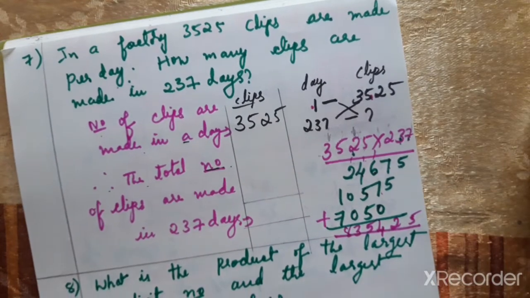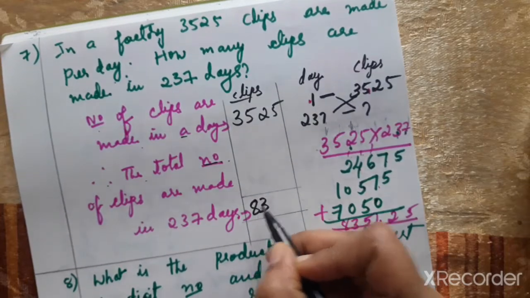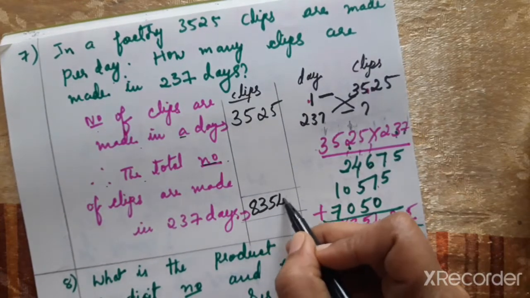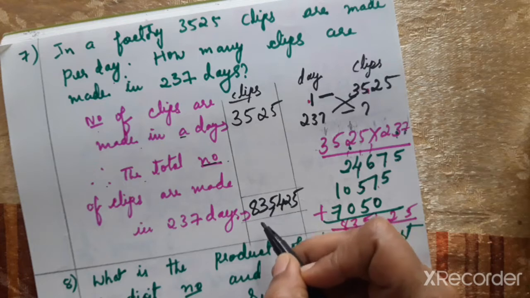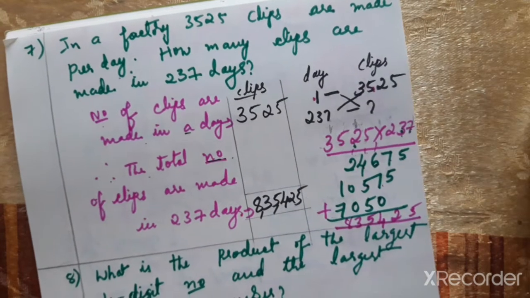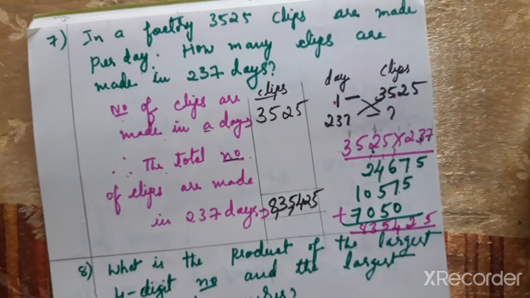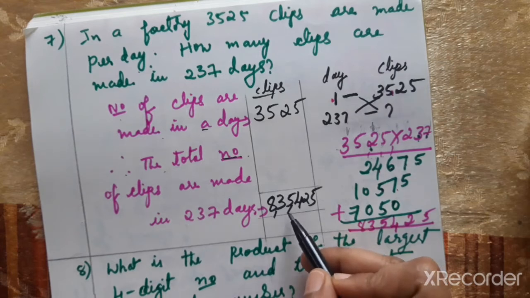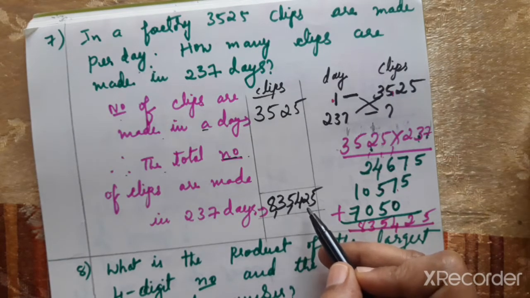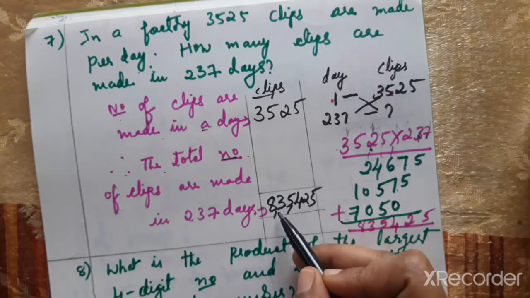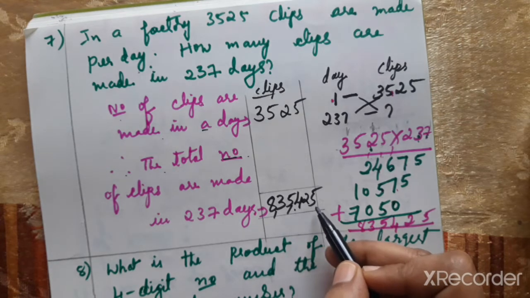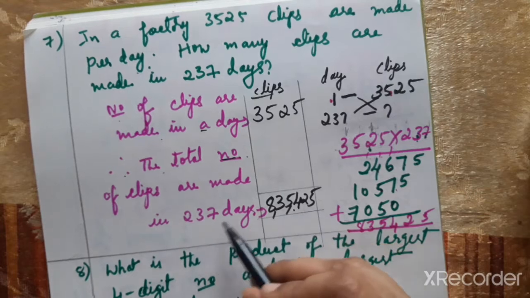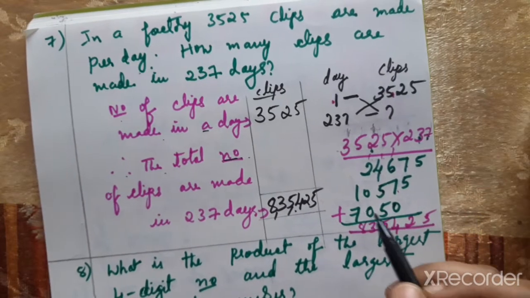So the answer is 8, 3, 5, 4, 2, 5. So in 237 days, 8,35,425 clips are made. So 8,35,425 clips are made in 237 days.